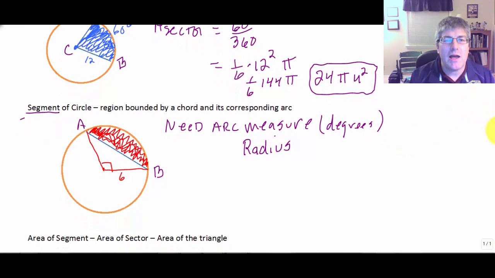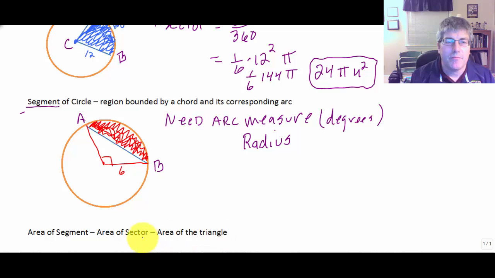So to find the segment, the area of the segment is equal to the area of the whole sector minus the area of this white triangle. So we've got a little work to do. We find the area of the whole sector and then pull out this triangle.